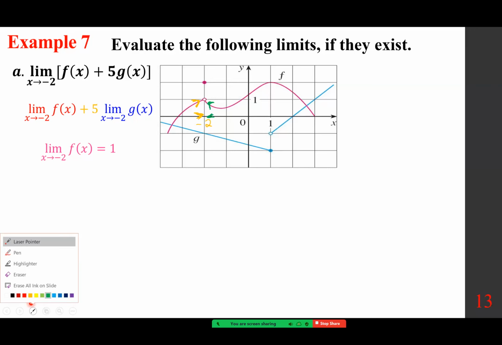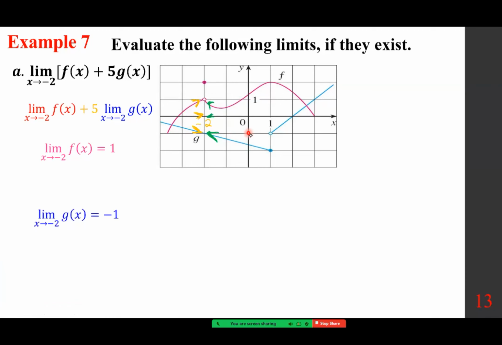So from the left side, we are moving this way. From the right side, we are moving that way. Both of them are shooting for this point, which has y coordinate -1. Therefore, 1 plus 5 times -1, the answer is -4.